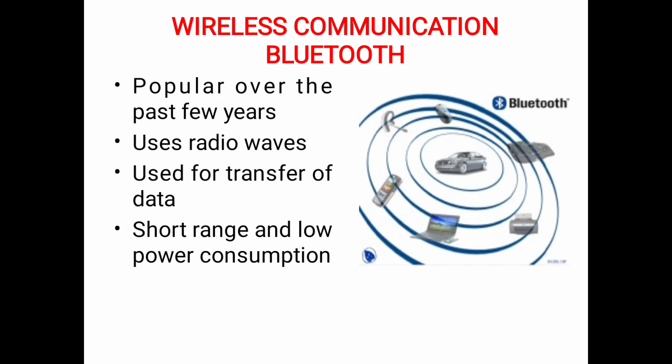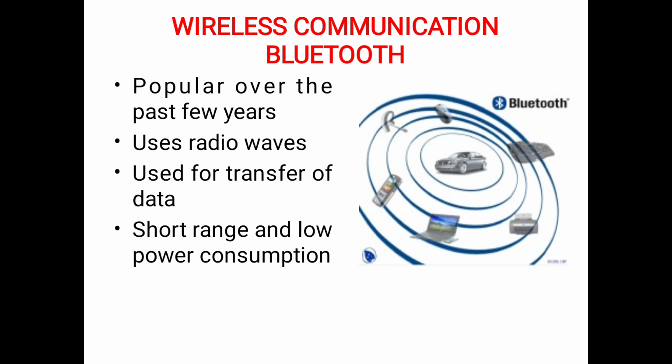Then next, another one is Bluetooth. Bluetooth is one of the famous ones in wireless communication. It also uses radio waves. It is used for transfer of information, transfer of data or images or music or video.